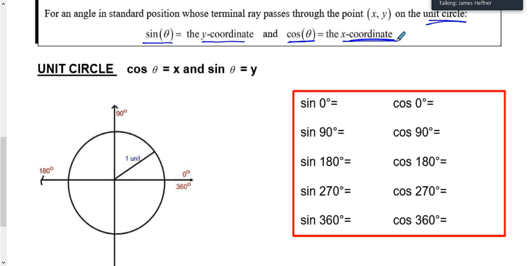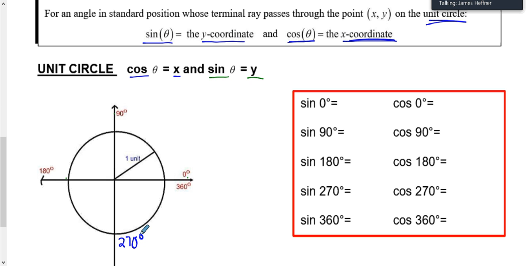Let's look at this example down here. So remember, cosine is x, sine is y. And we have a unit circle down here. Notice it's 0 degrees, 90, 180. What's this one down here? 270. Okay? Let's think about the sine of 0 degrees.